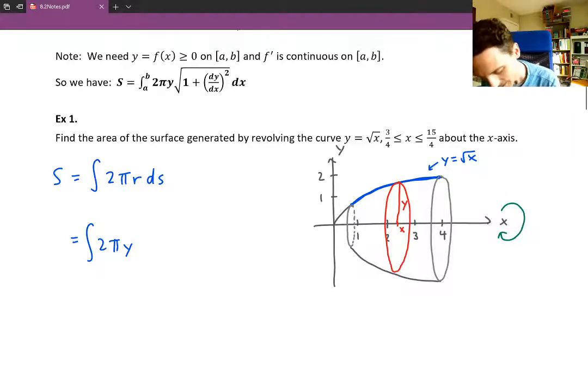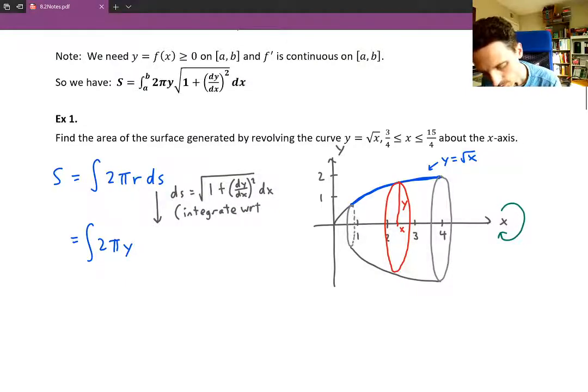So here we're going to write ds equals the square root of 1 plus open paren dy dx squared, dx. In other words, we're going to set up this integral with respect to x. WRT just means with respect to.